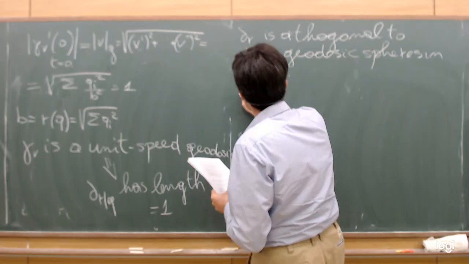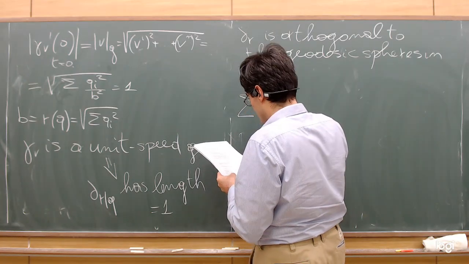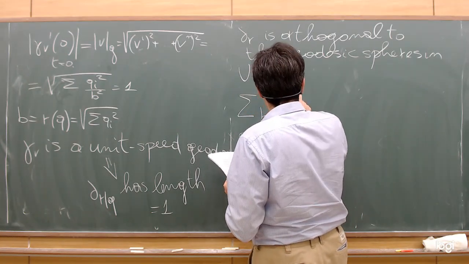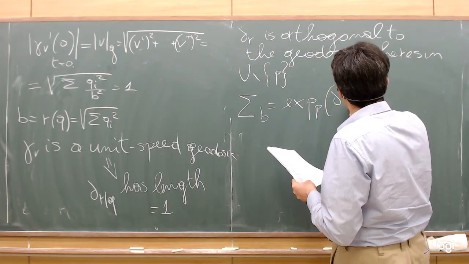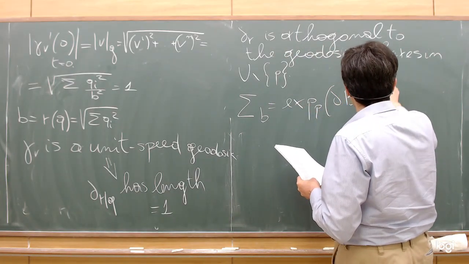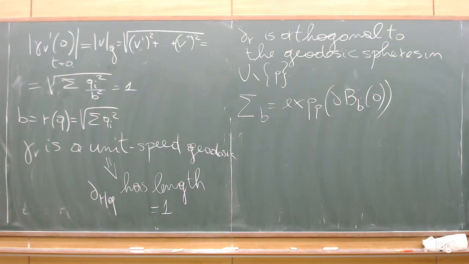First of all, we define sigma_b as the exponential map acting on the boundary of the ball of radius b centered at 0.